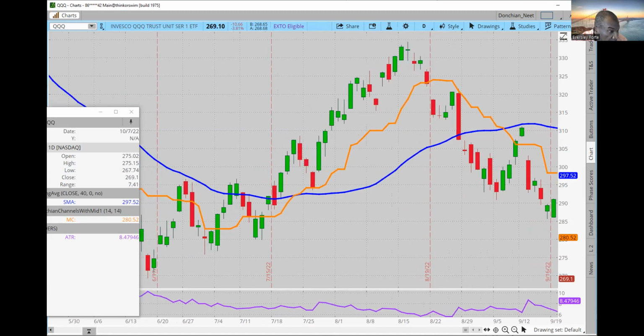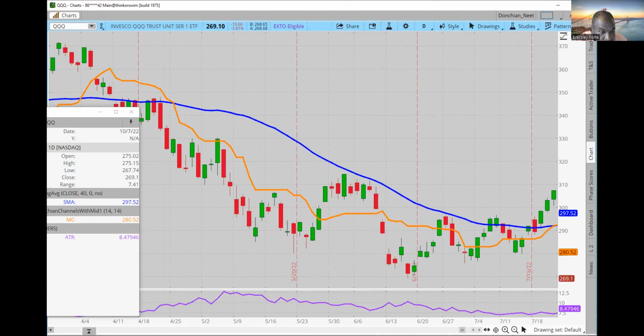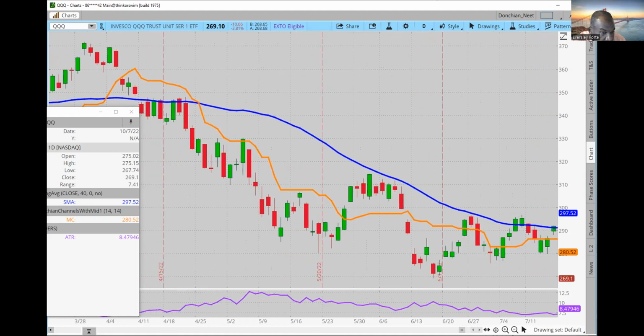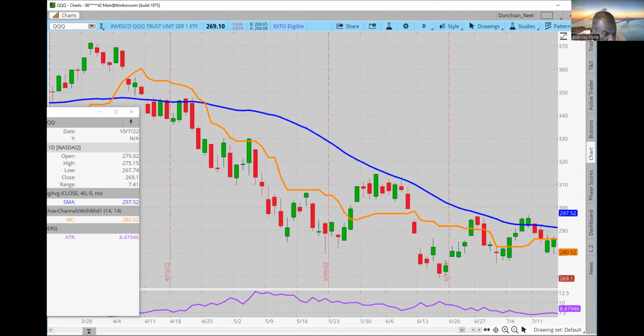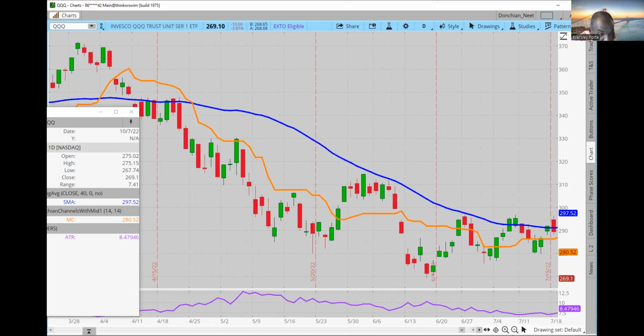So what it would look like on this day. If we were doing our day-to-day review, here's what we'd be looking at. On this day, did the orange line cross the blue line? No, you have no trade signal. The next day, did the orange line cross the blue line? No. Next day?